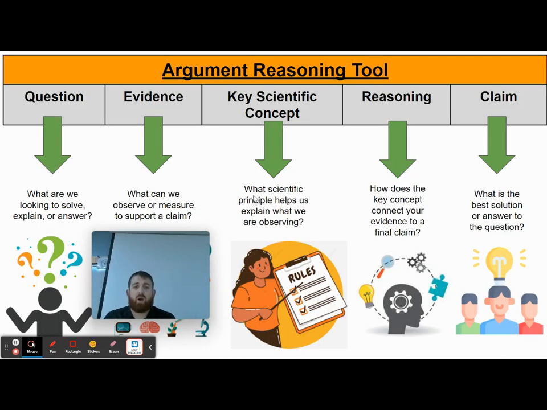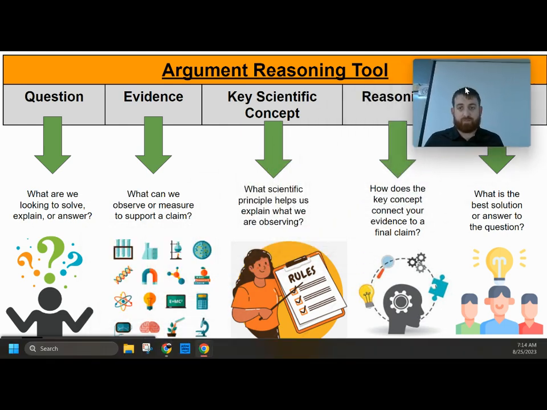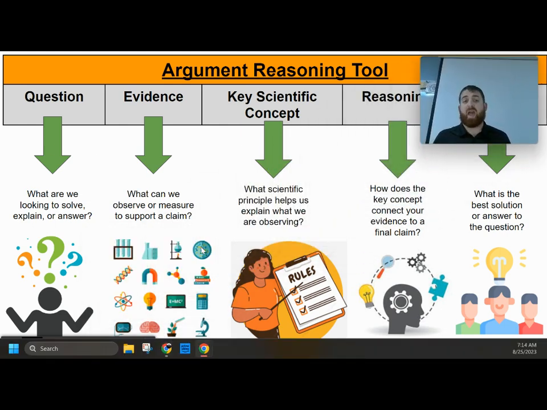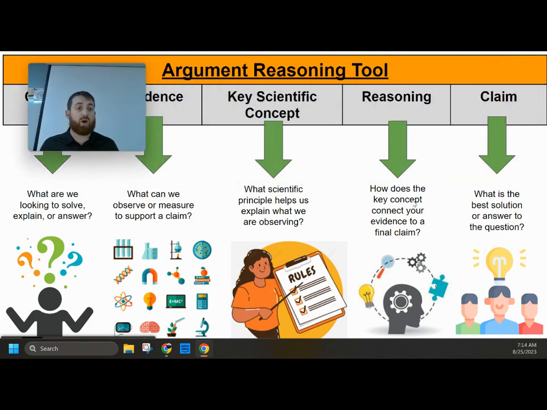Our argument reasoning tool is a table that helps us organize our thinking into 5 parts. The question that we're looking to solve, the evidence that helps us understand that question, the key concept or scientific principle that helps us explain what we're observing, the reasoning, which we use to connect all of the evidence, the key concepts, and what we think is happening.